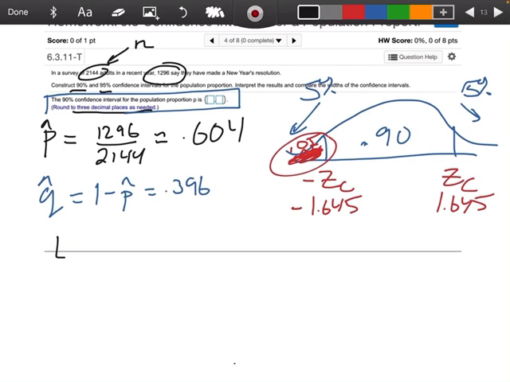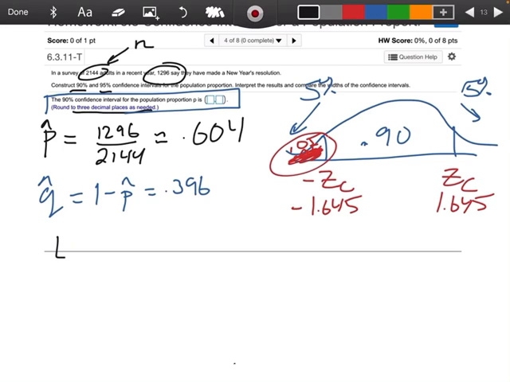So now the Zc, I'm using 1.645, times the square root of 0.604 times 0.396 all over my n, which was 2144.